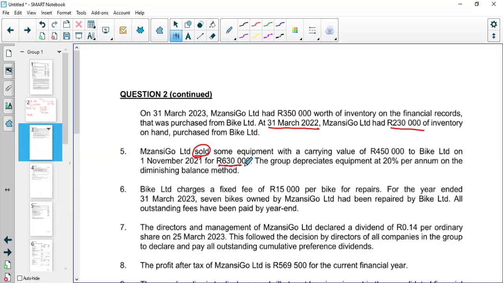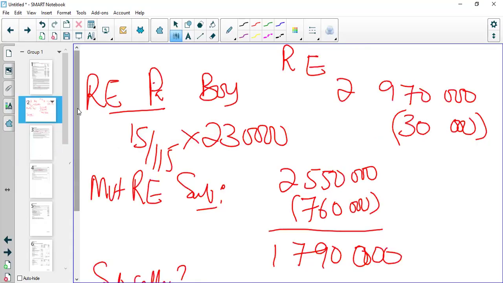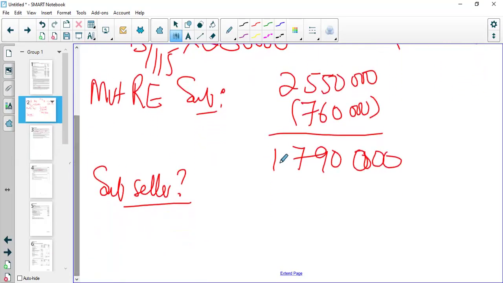So 630 minus 450. And the depreciation rate is 20%. Remember, we said November, December, January, February, and March, 5 months. So the profit was 180,000. So we need to subtract that because the subsidiary recorded the full amount in the retained earnings. We need to remove this. The profit on sale is out.